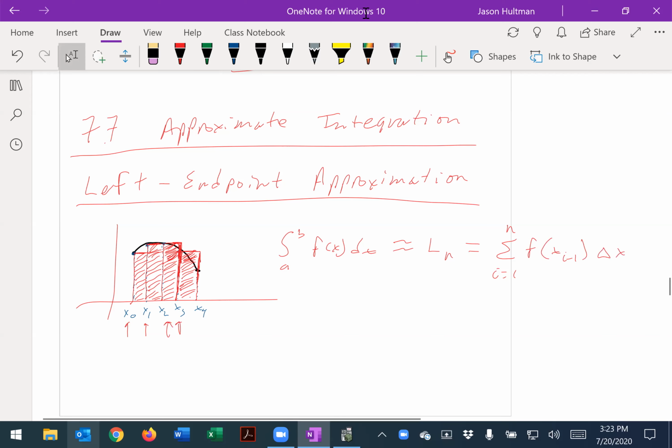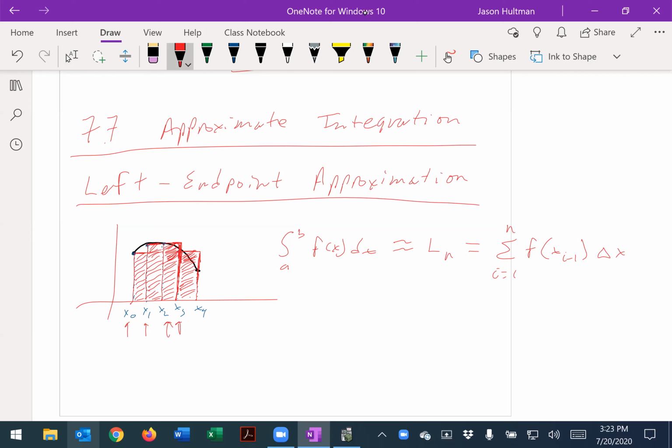Very similar to when we first introduced integration, we're going to let delta x go to 0, and that ends up being our dx. So this is a left endpoint approximation, or left-hand approximate integration.